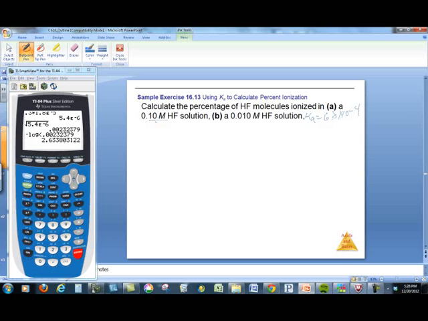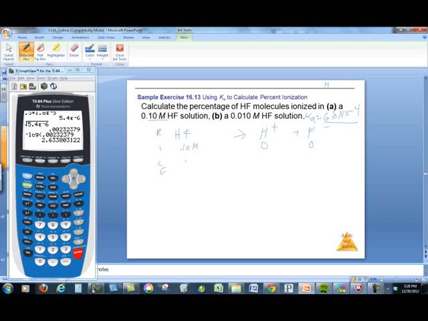I know that Ka is going to be equal to my H. Let's just say we have HF becomes H plus F minus, right? And I know that the concentration of this times this over this is equal to my Ka. So let's figure out what the concentrations are going to be. Okay? So if I have 0.1 molar of HF, initial concentration here is 0. This is RICE.